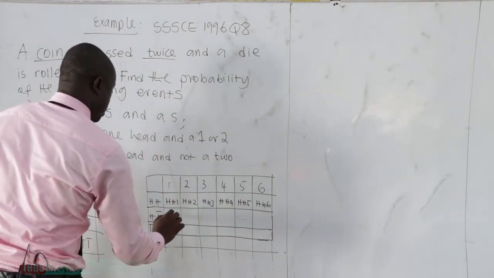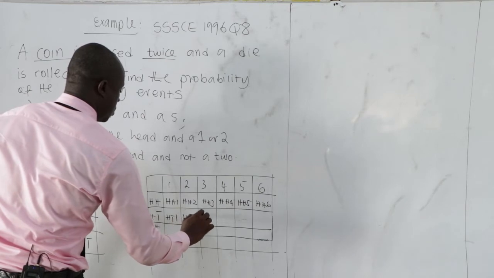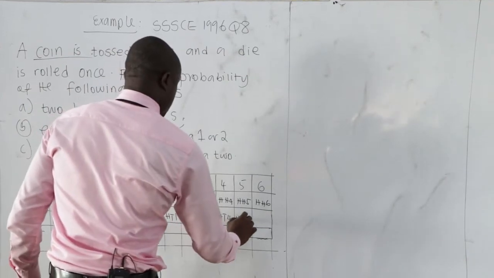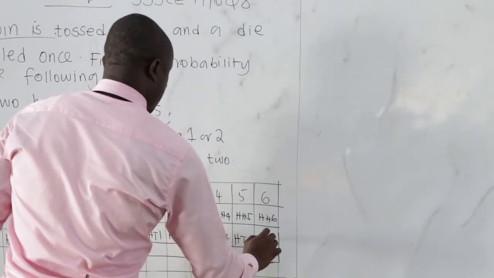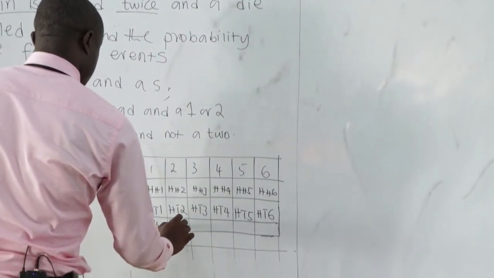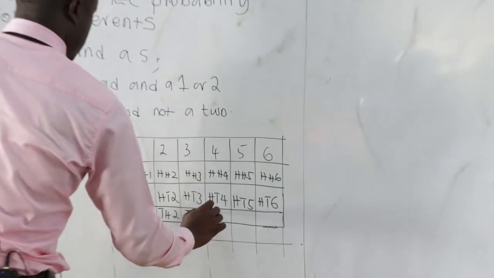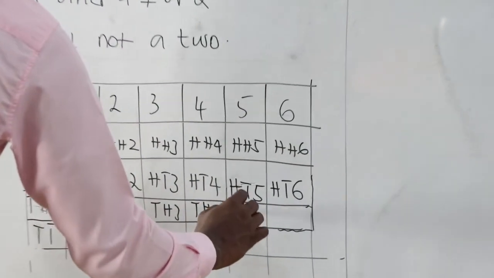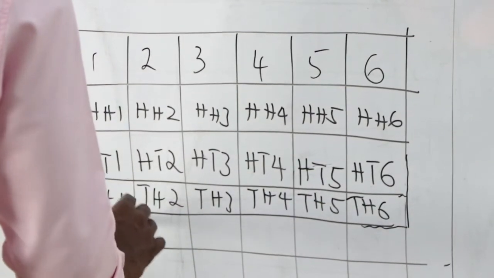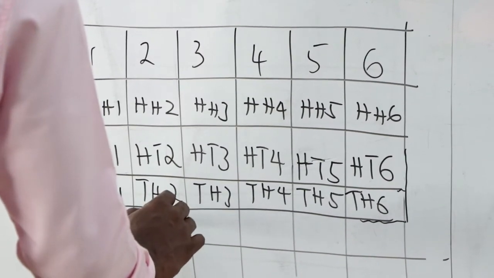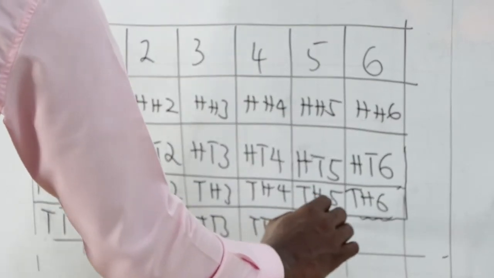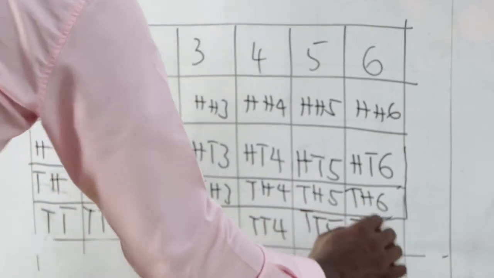Now you have head, tail 1 up to head, tail 6, then tail, head 1 up to tail, head 6. We have tail, tail 1 up to tail, tail 6.